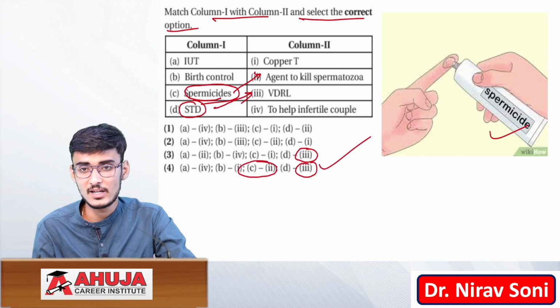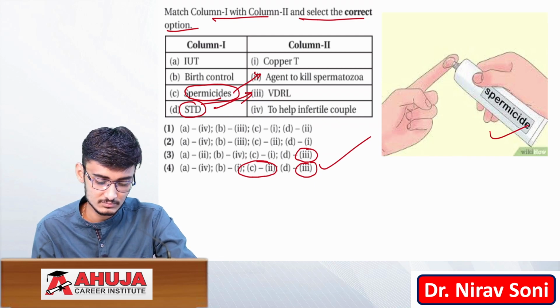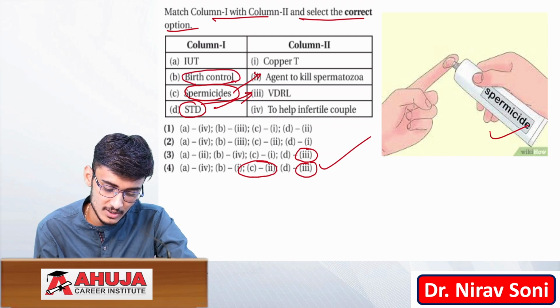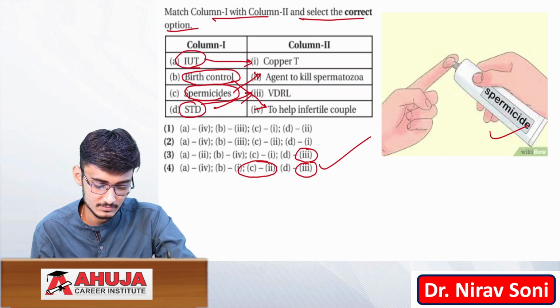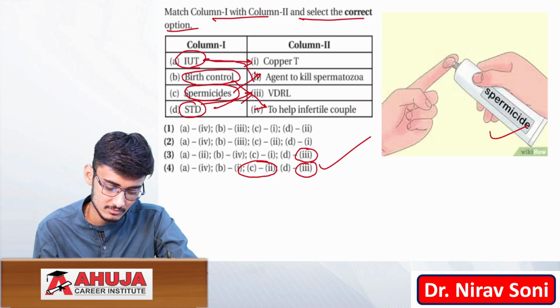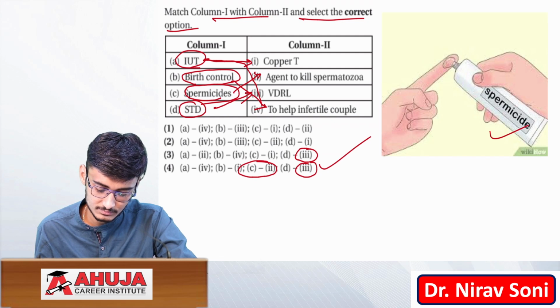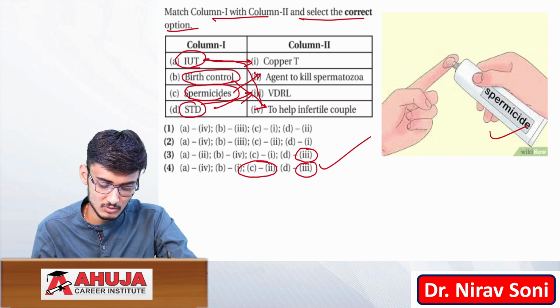Option 4 should be right over here. Birth control method to help the infertile couple, and IUT, intrauterine transfer, which contains the copper T. Option D should be right over here.